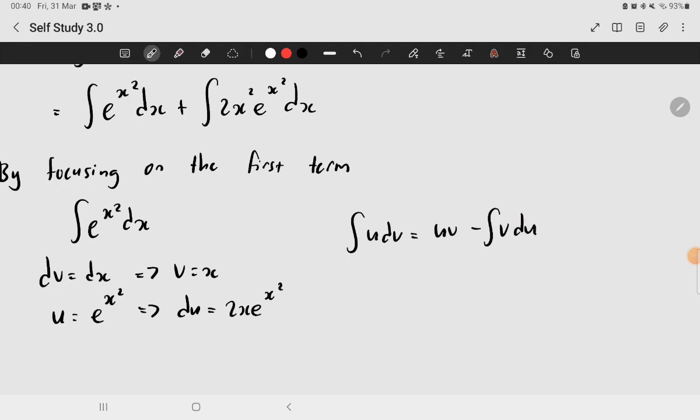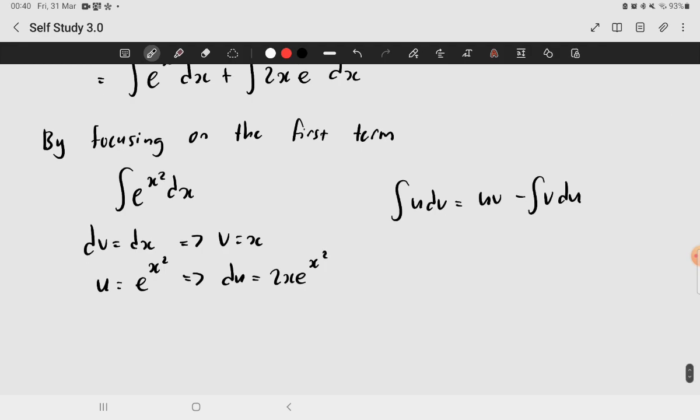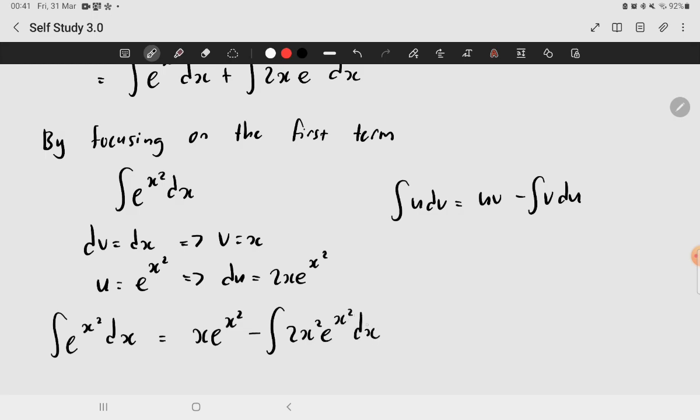So by substituting the respective terms into the formula, the resulting integral for e raised to the power of x^2 dx would be x times e to the power of x^2 minus the integral of v du, which is 2 times x^2 times e to the power of x^2 dx. Now, this is the resulting integral.